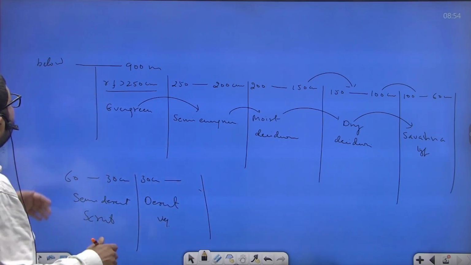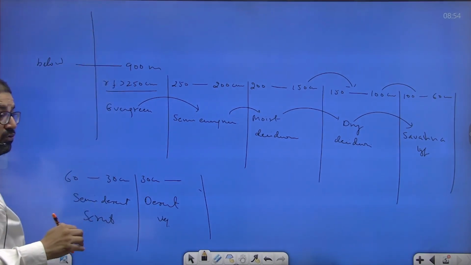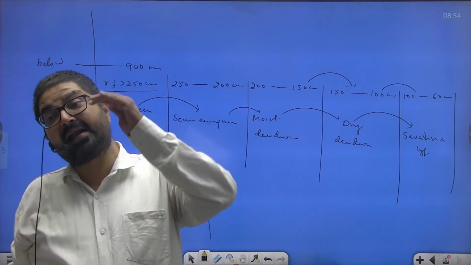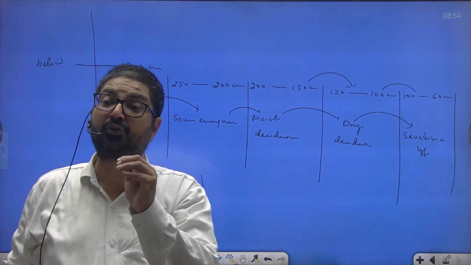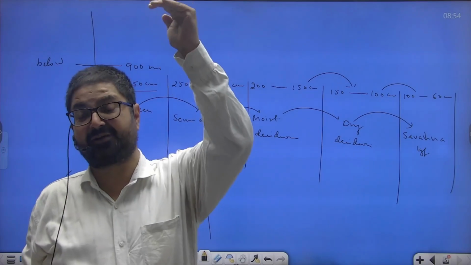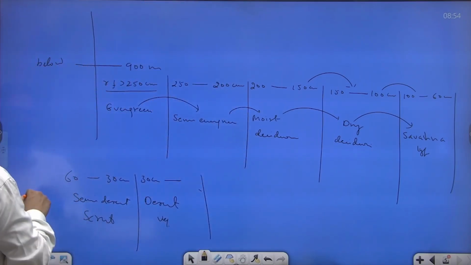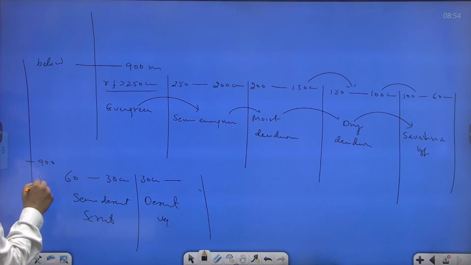But when you move above 900 meters, with increasing altitude, temperature starts decreasing. Above 900 meters, the changes in the nature of vegetation are attributed to changes in temperature, because as you move up, the temperature goes on declining. You can see, up to 900 meters we have tropical vegetation.